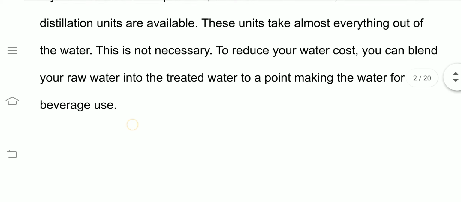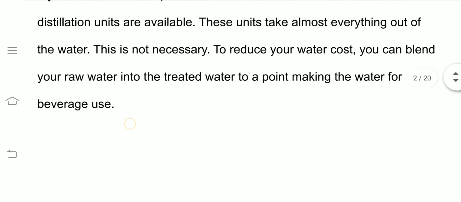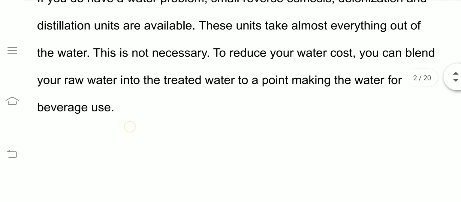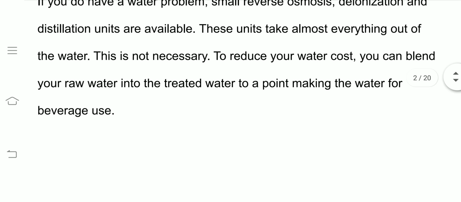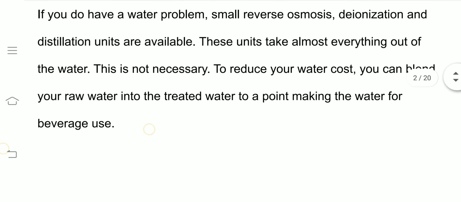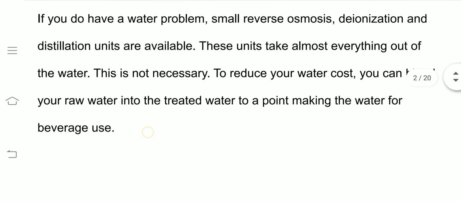And the third is the distillation process. Now what is distillation? It's a very simple process. We also have this water distillation unit in our lab, from which we produce distilled water. What does it do?